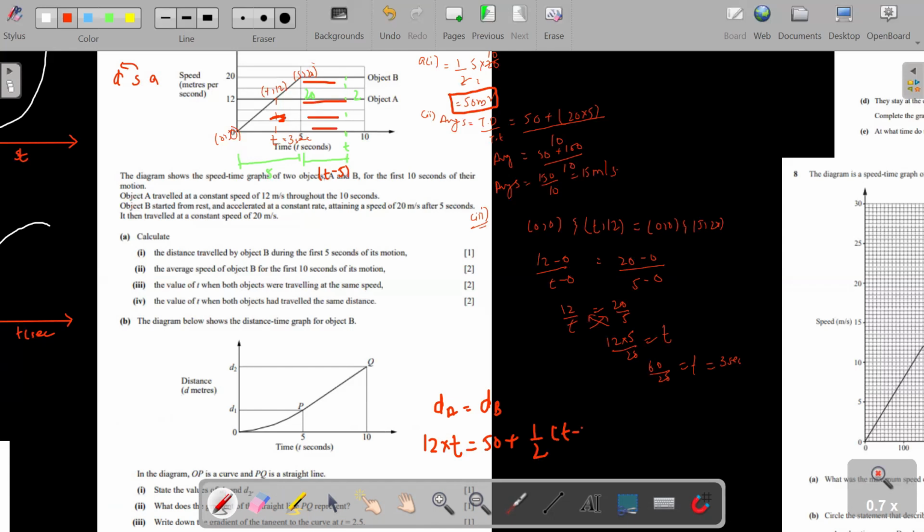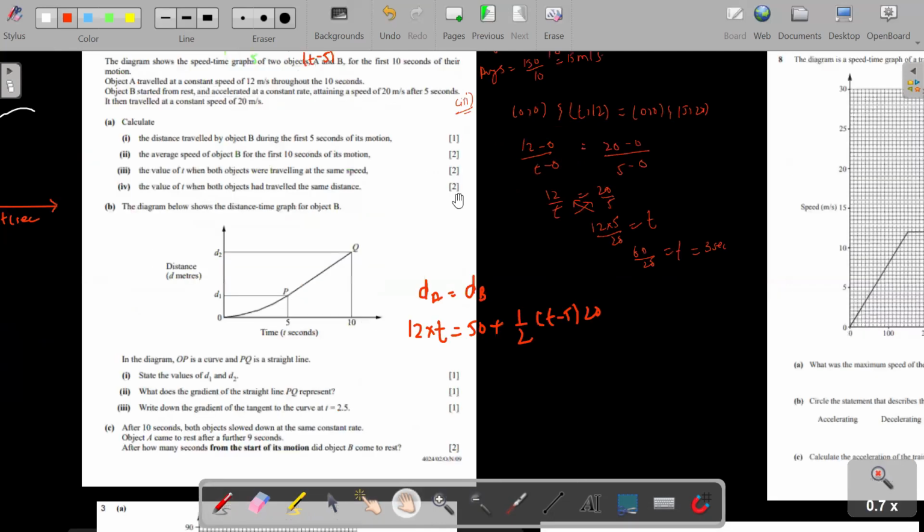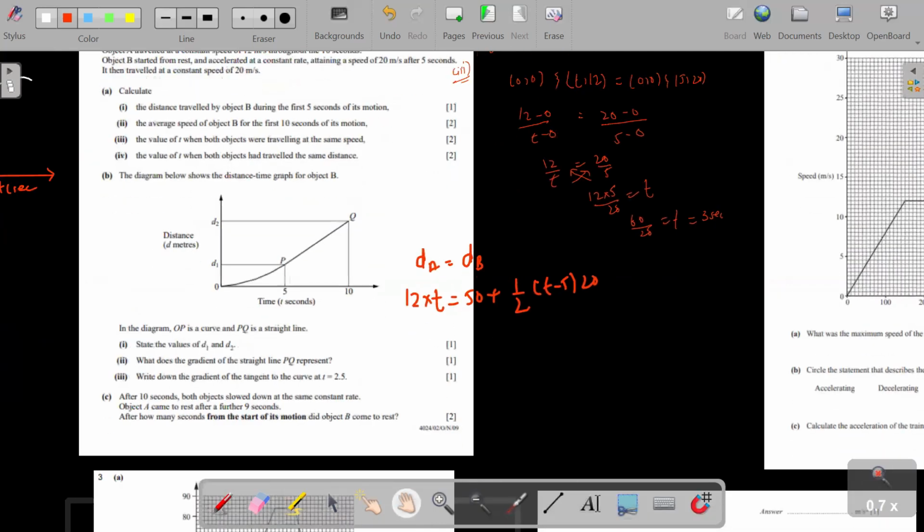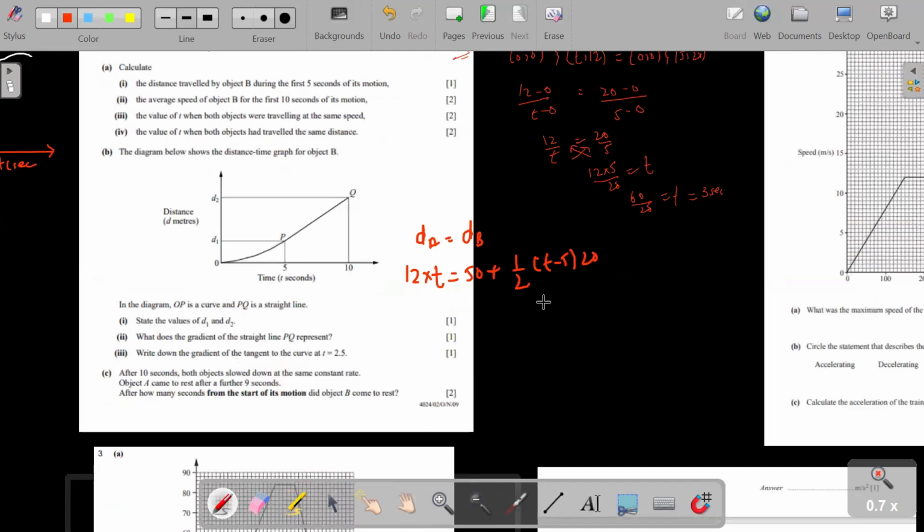It will be half base into height. Base is t minus 5 and height is 20. Let's simplify that. It will be 50 plus 12t. It's going to be 10t.